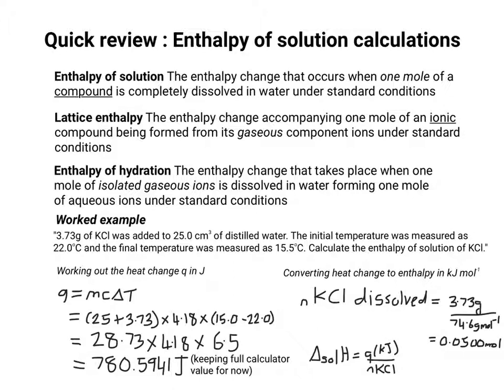To work out the enthalpy of solution, you have to divide the value for Q in kilojoules by the number of moles of potassium chloride, which is 0.780591 divided by 0.0500. That gives us plus 15.6 kilojoules per mole to the minus 1, not forgetting that we had a temperature drop, so it's an endothermic process in this case, so it gets a positive value for its enthalpy.